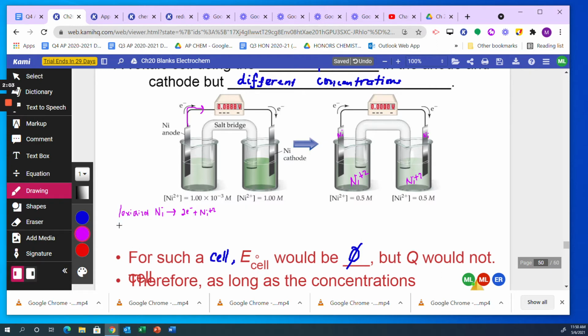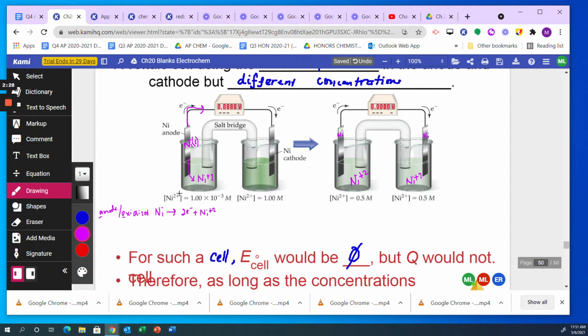And this is also the anode, because oxidation occurs at the anode, vowels right here. That's how I remember it. So the nickel solid turns into nickel plus 2 as the solid becomes dissolved.